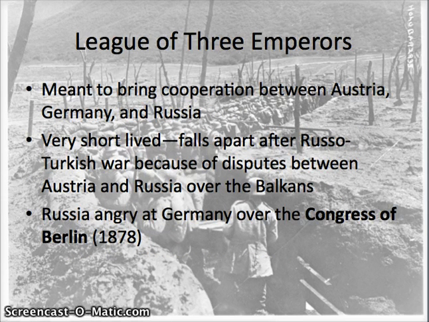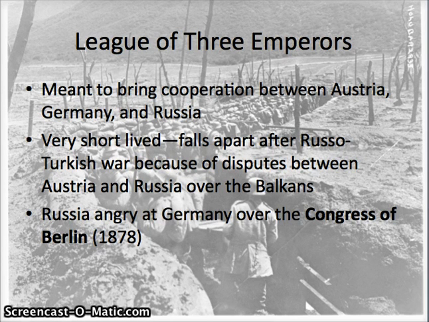Okay, so the first attempt that Bismarck makes to try to protect Germany is called the League of Three Emperors. Now, this is a very short alliance at first. It does reemerge a little bit later, which we'll get to, but at first, the League of Three Emperors, it of course consisted of three different countries, Austria, Germany, and Russia, and the idea was, of course, to prevent any one of these countries from going to war with one another.